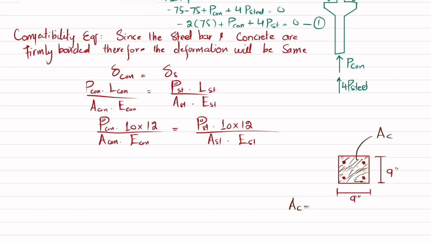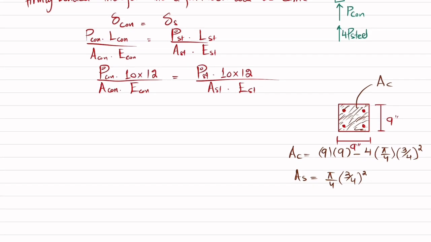Area of concrete is equal to the total area, 9 times 9, minus the area of 4 steel rods. The area of each rod is pi by 4 into d square, and the diameter of each rod is 3 by 4, so pi by 4 times 3 by 4 squared. Area of steel is pi by 4 times 3 by 4 whole squared. Now what about E of concrete and E of steel?